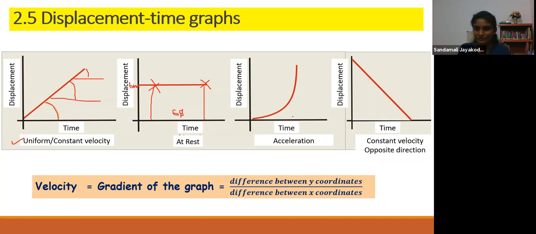So the second one. What's happening here? What happened to the gradient? What is happening to the gradient? Is it the same at each point?